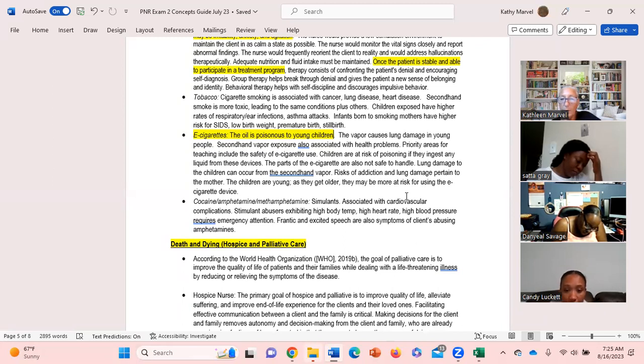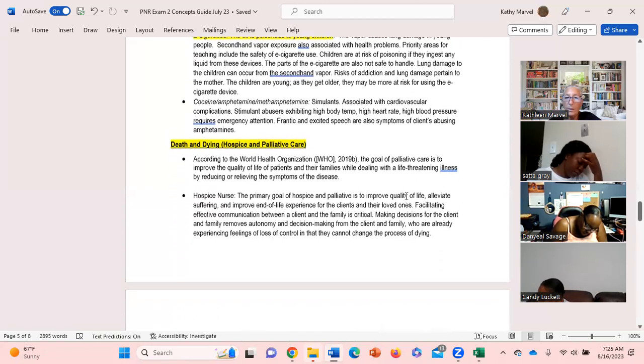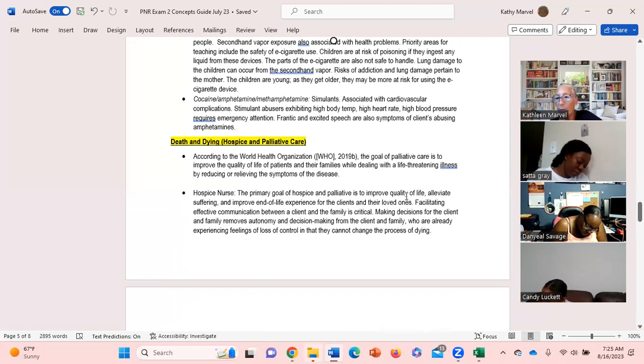The goal of hospice is to improve the quality of life, alleviate suffering, try and keep the client comfortable, and make sure you're facilitating effective communication between the client and the family.